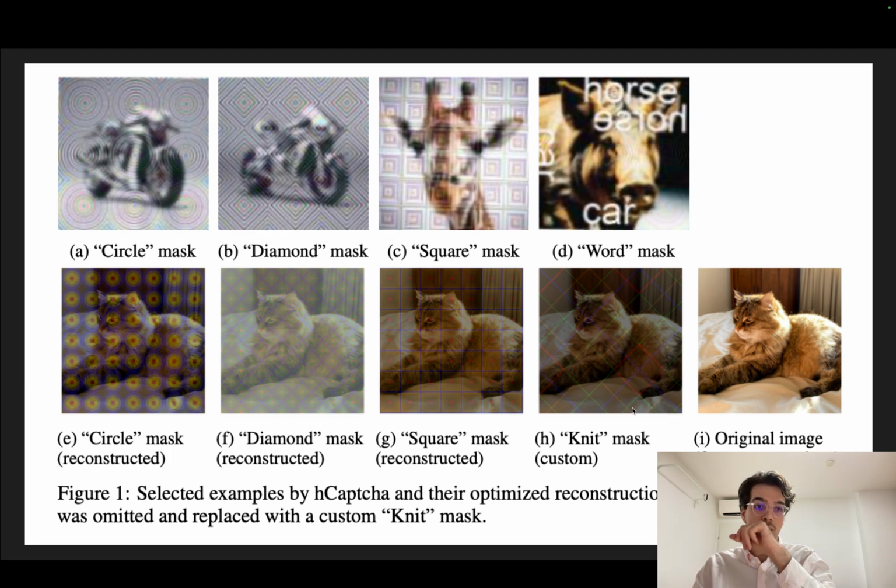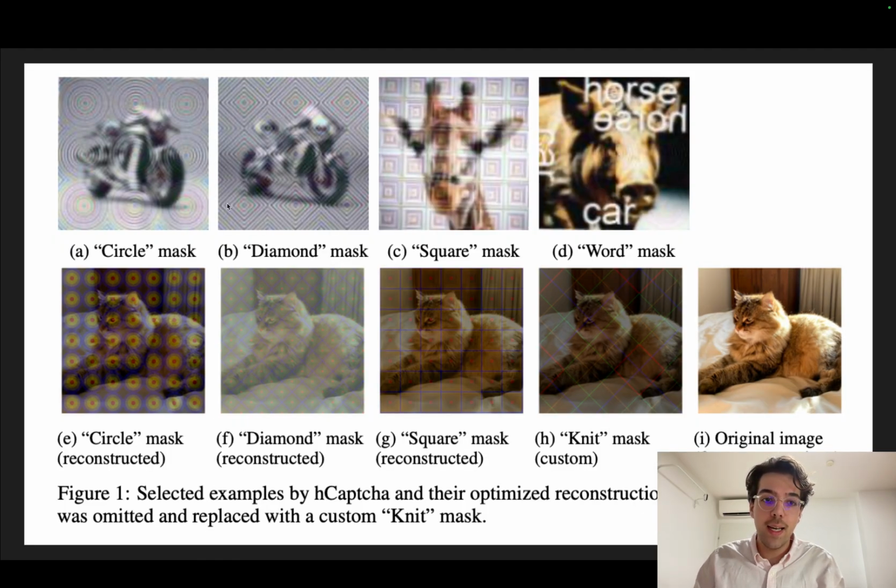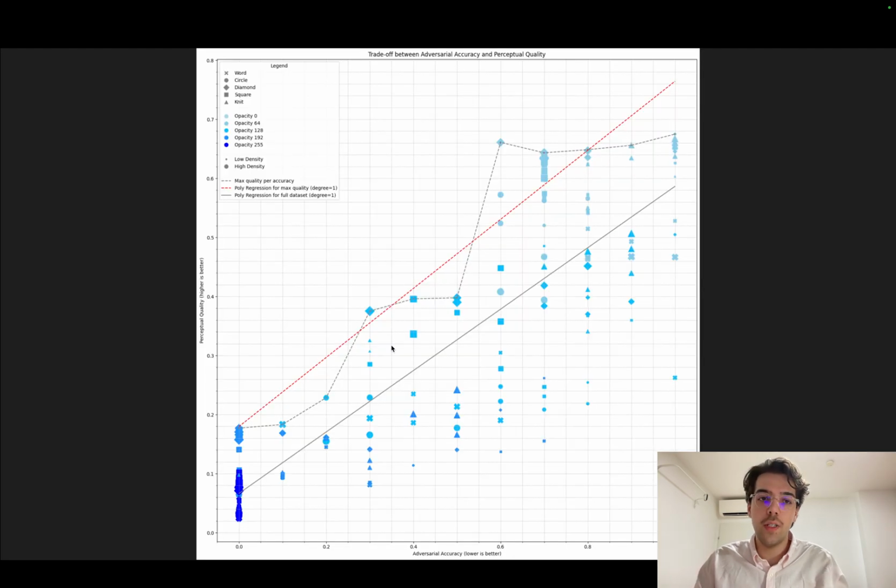And after reconstructing them with a rendering engine, we optimized our hyperparameters, found the best performing mask with the optimal opacity and density. Density being the number of geometric objects per row or column, and the nesting count.